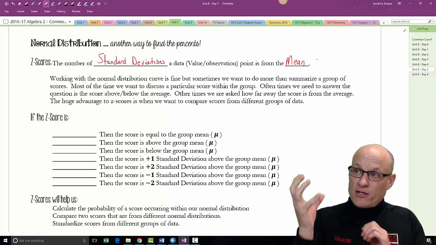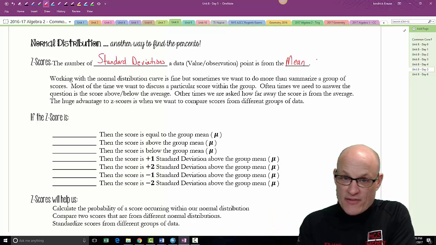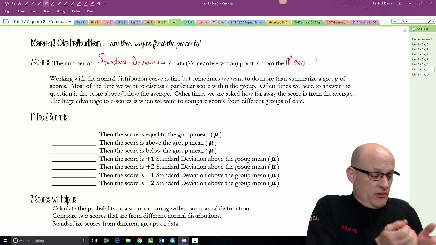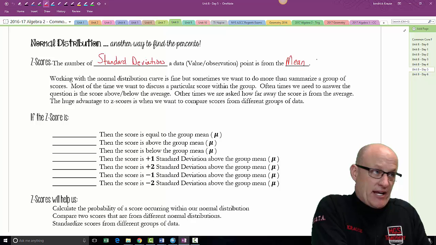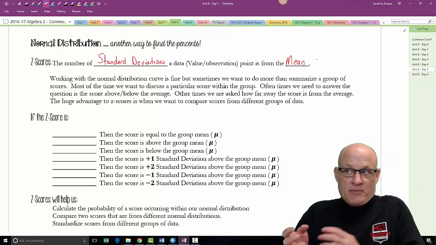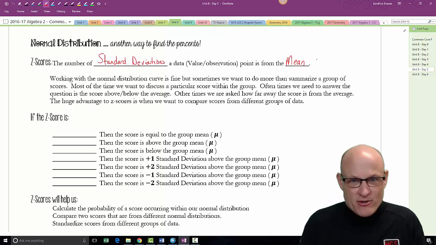So if I want to compare how you did on this test with how you did on this other test, but this one has a standard deviation of 8 and a mean of 26, and this one has a mean of 38 and a standard deviation of 4, how do I compare those?